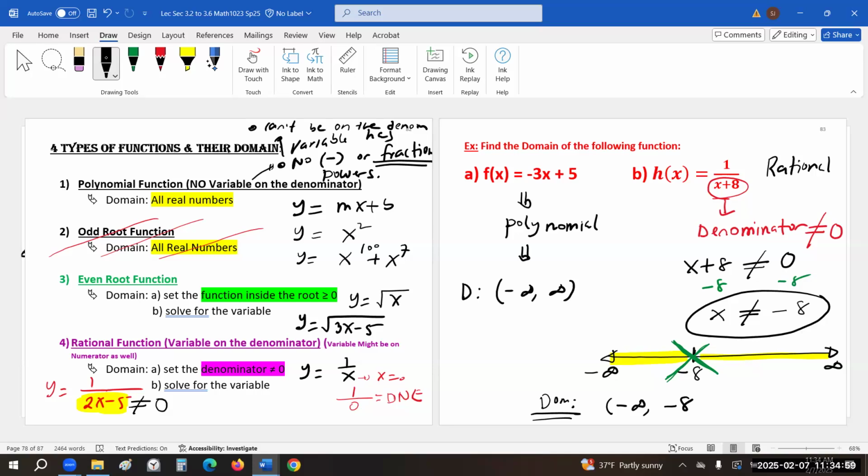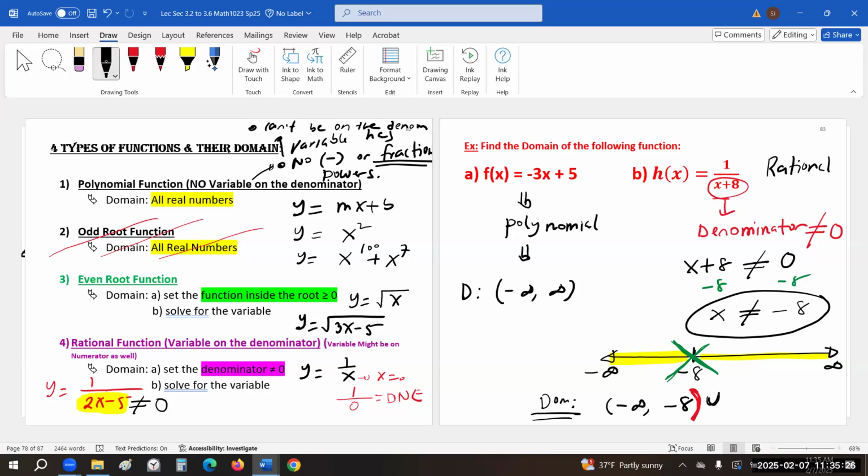Now, we definitely cannot plug in negative 8. That's why negative 8 will get a parenthesis. Remember, parenthesis means y value doesn't exist. So when you plug in negative 8, we get 0 on the bottom, y doesn't exist. So you cannot plug in negative 8 into our function, so it gets a parenthesis.